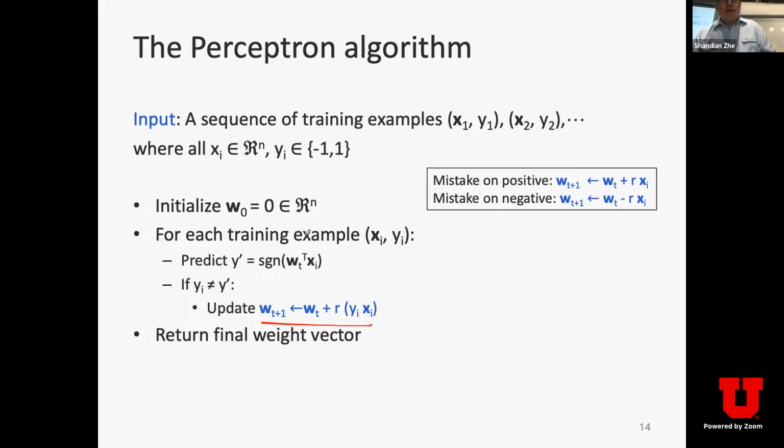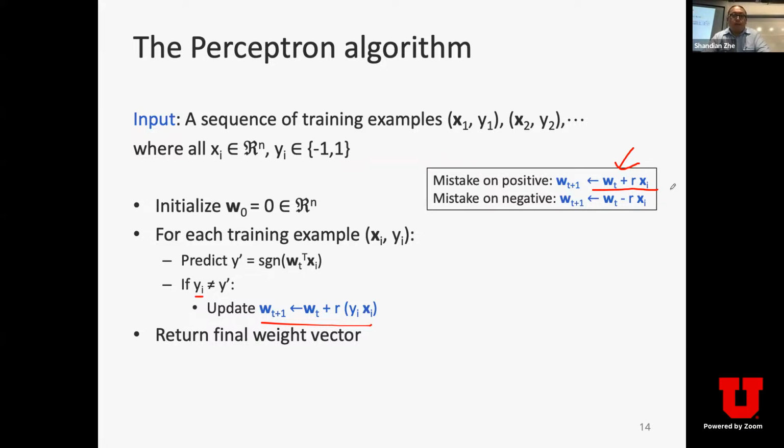If we make a mistake on a positive example, meaning your ground truth label should be 1 but you happen to predict -1, then yi equals 1, and you add to W_t r times xi because yi is 1.